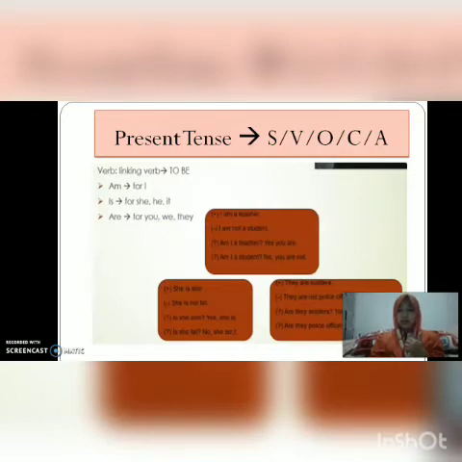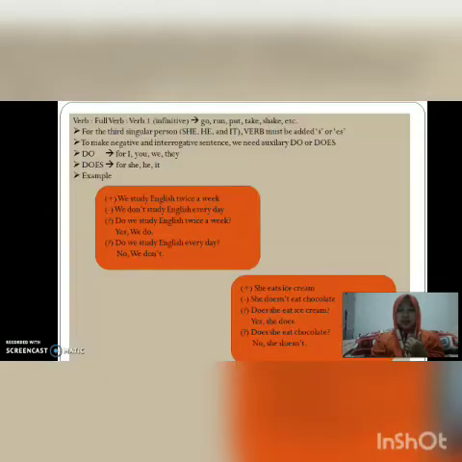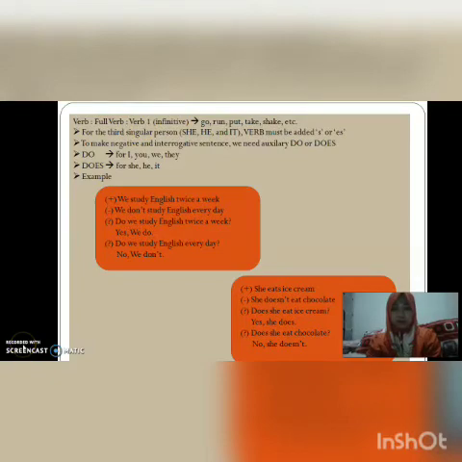Okay, the next slide. The first one is linking verb, right? And the next one is full verb. Okay, the second one is full verb.